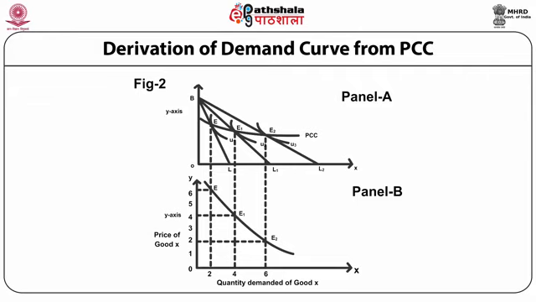When all these points are joined, we get a downward sloping curve which is called demand curve, which shows that as the price of good X falls, quantity demanded of good X increases and vice versa, ceteris paribus. That means all other factors remaining constant. Now this curve is the demand curve for good X.